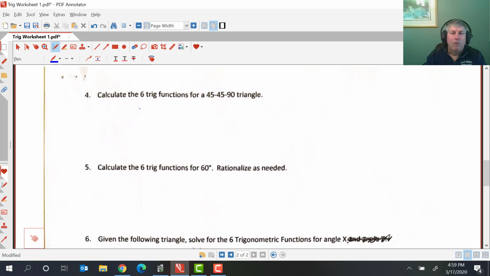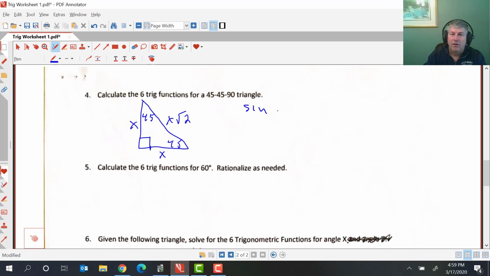So for the 45, 45, 90, similar kind of thing. Make sure you draw your triangle. Our angles are congruent, and the sides are x, x, and our hypotenuse is x root 2. Again, the x's are going to cancel because we're going to simplify that.